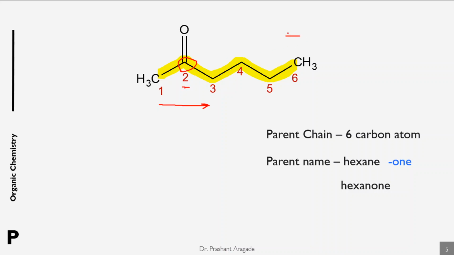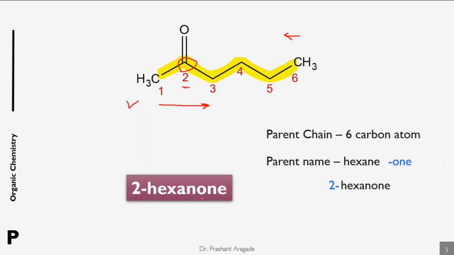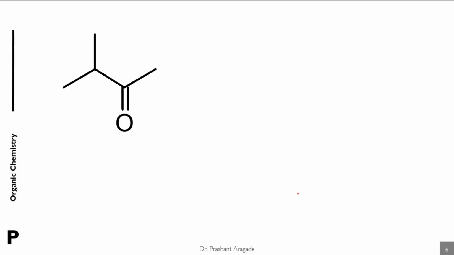If you number from the reverse direction, then it will have a higher number than the previous numbering. So this numbering system is correct, as it gives the lowest possible number to the carbon atom on which the carbonyl group is present. So you have to prefix the position number of the carbonyl carbon atom onto the parent name. So the name of this compound is 2-hexanone. Remember, we have replaced this E with the suffix of the ketone functional group, that is ONE.